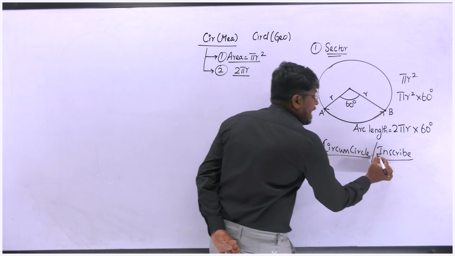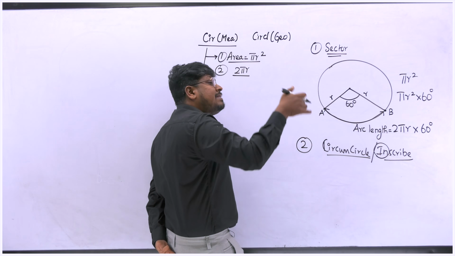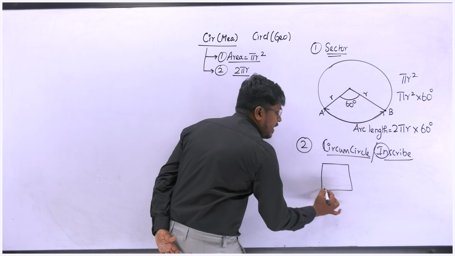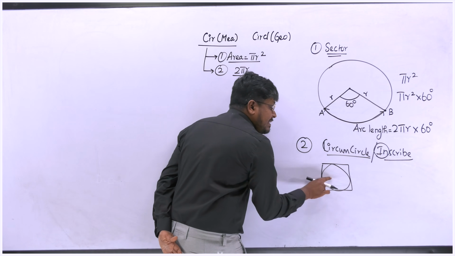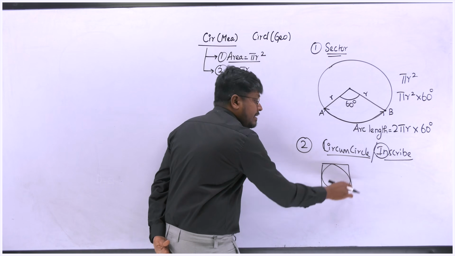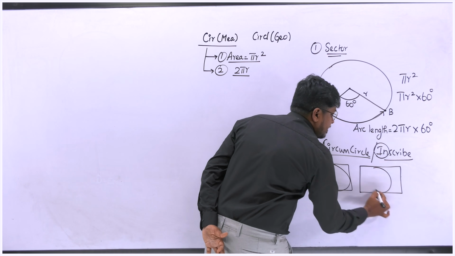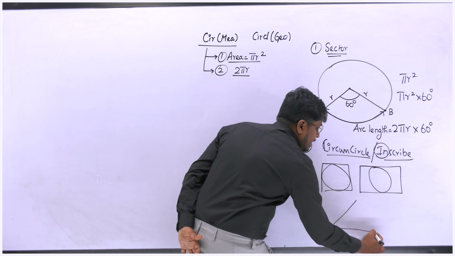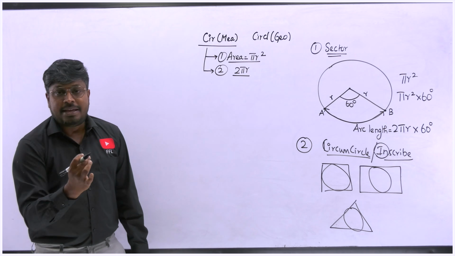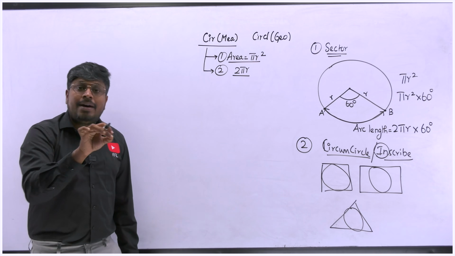If you find the word 'in', remember that a circle is inside some figure, for example, inside a square. A circle is inscribed in a square. That means inside a square there is a circle, or inside a rectangle or a triangle there is a circle, which is called inscribed.